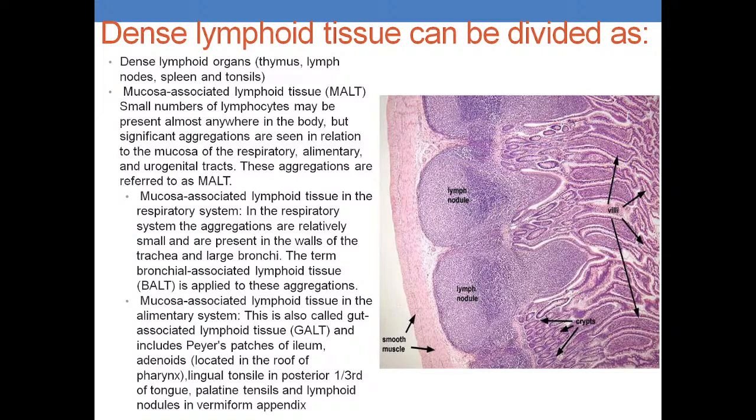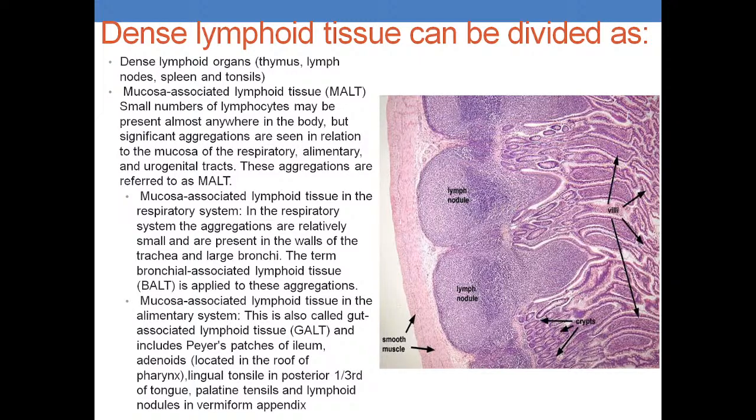In the respiratory system, the aggregations are relatively small and are present in the wall of the trachea and large bronchi. The term bronchial associated lymphoid tissue, BALT, is applied to these aggregations.